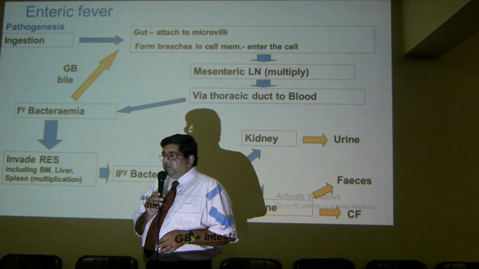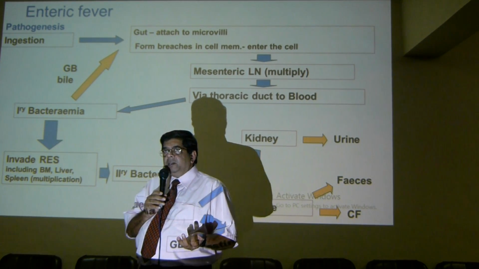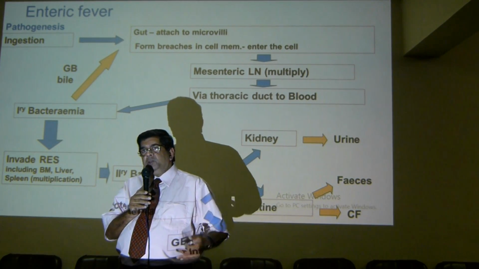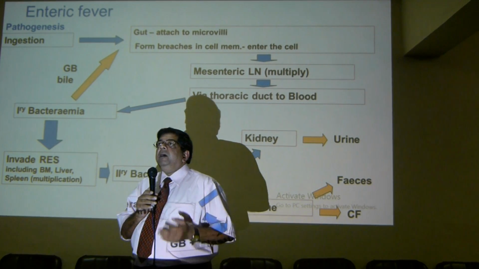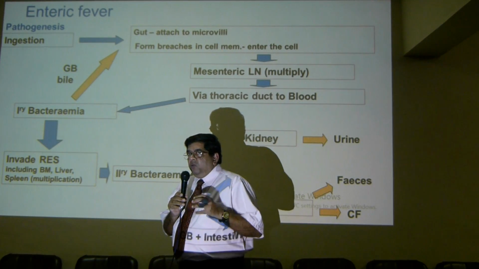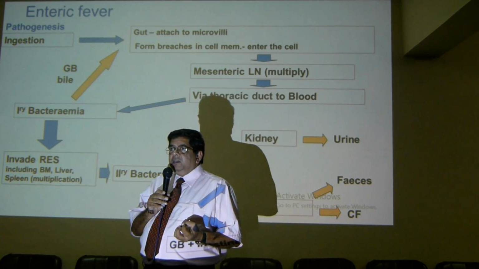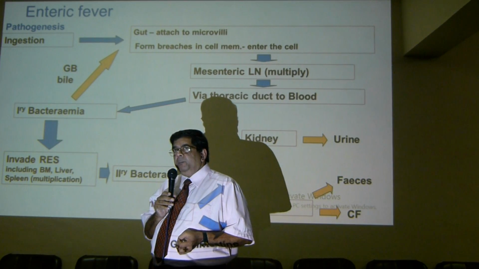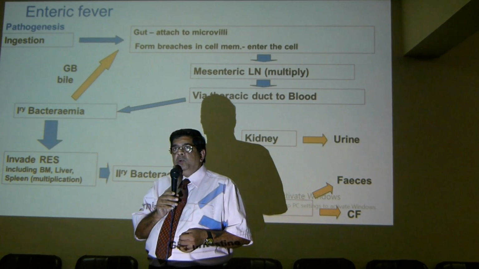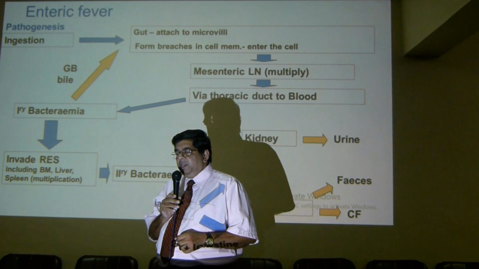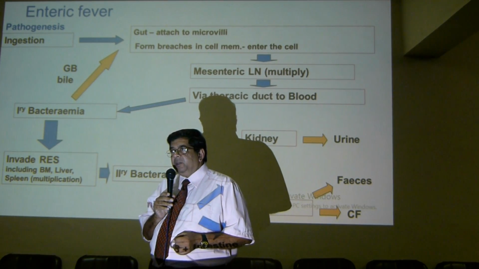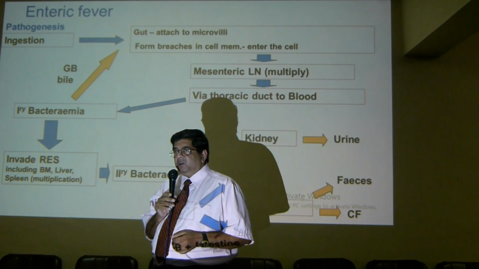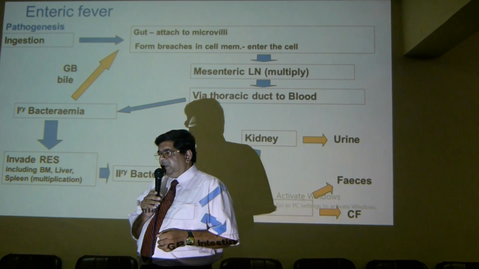The organisms that go into the gallbladder are shed into the intestine, and then cause further multiplication, particularly in the Peyer's patches or the mucosal lymphoid collections, and there is ulceration and sometimes necrosis and perforation of the intestine. So those are the complications.